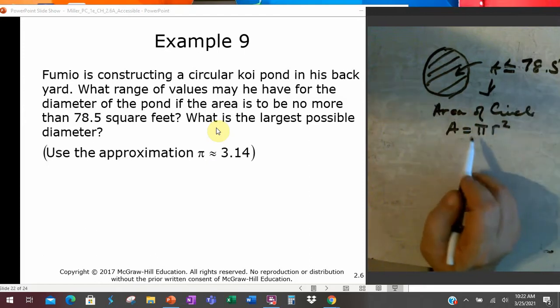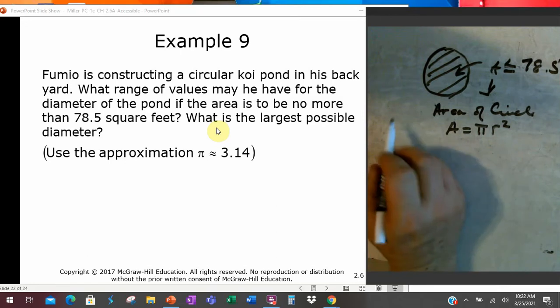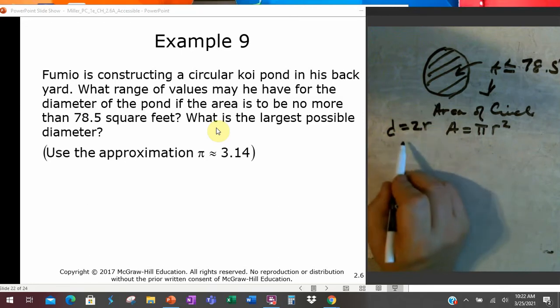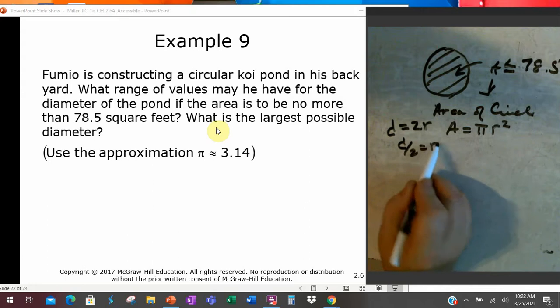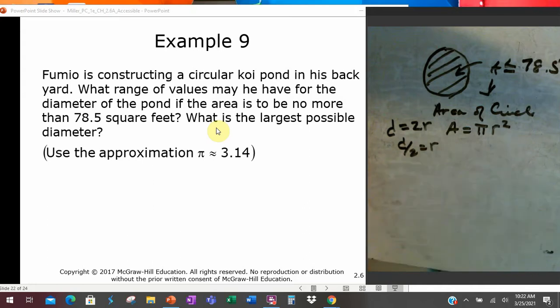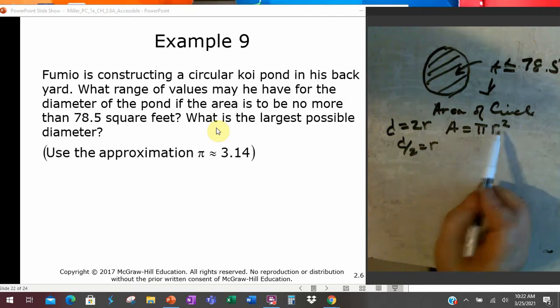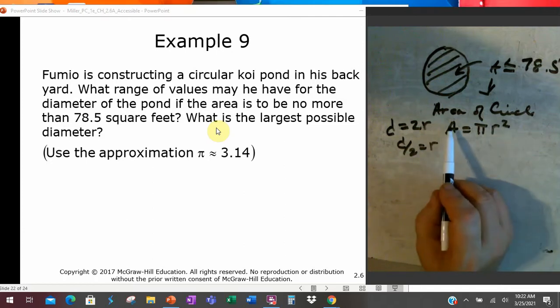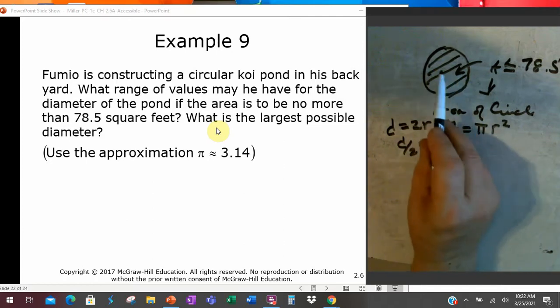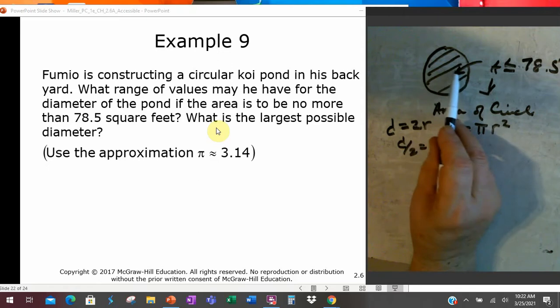What's the limit on r? And then recognize that the diameter is twice r, or d over 2 is r. So I could put this in and solve, or come back later, now that I've got r, and find the diameter. So it limits the radius.